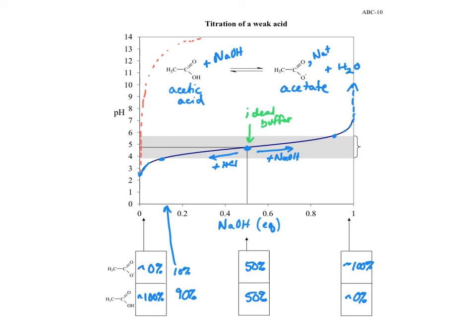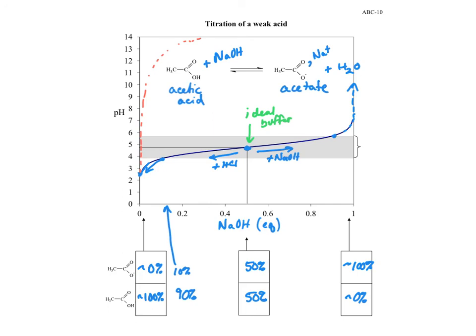The protons would start consuming the acetate, or they'd be neutralized by the acetate base, and instead of having the pH drop rapidly, it would stay relatively flat. And that would occur until you ran out of acetate down here, and then things would go south pretty quickly. So, right in the middle, you can withstand challenges of base, you can withstand challenges of acid, and maintain constant pH for a good while.